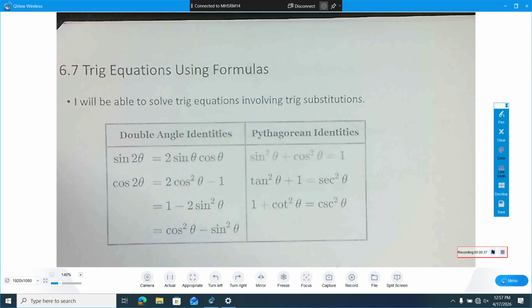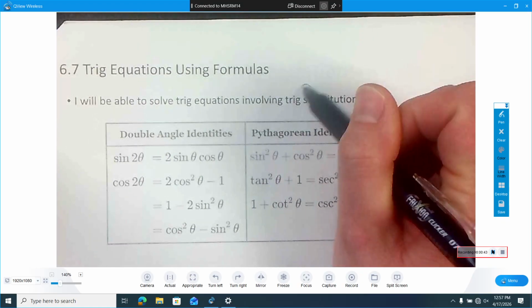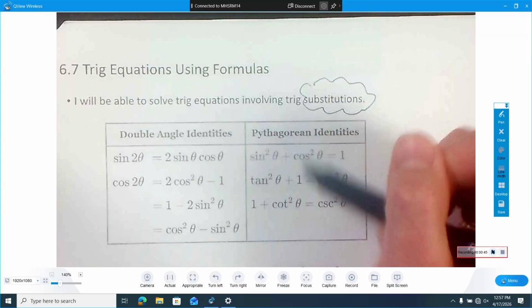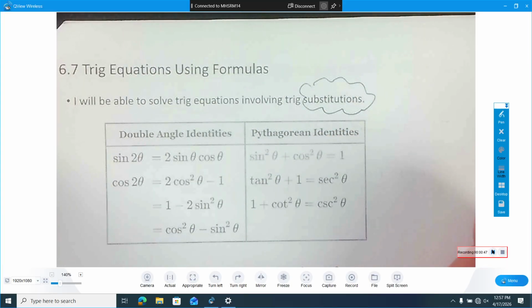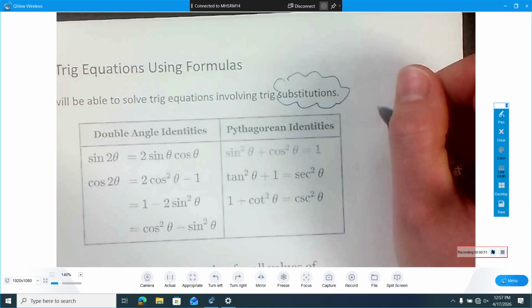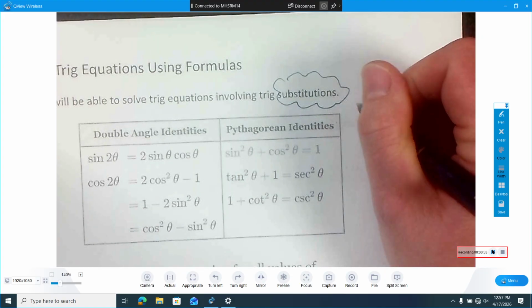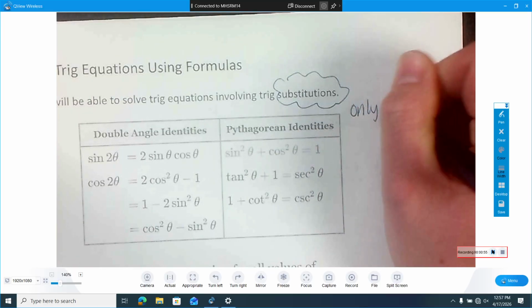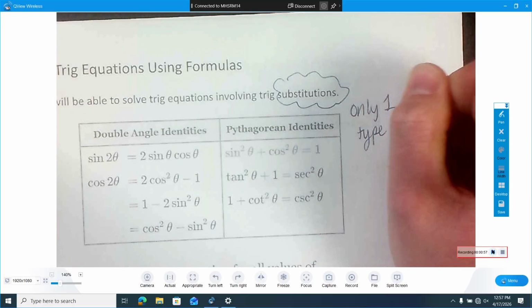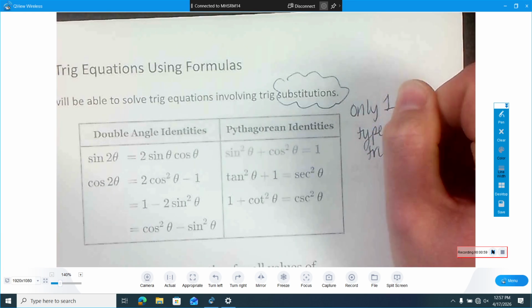So we are solving more trig equations again, but today we might have to do a little substitution with some formulas in order to clean them up. A couple of things we want to look for. We don't want to mix and match. We want to have only one type of trig function.